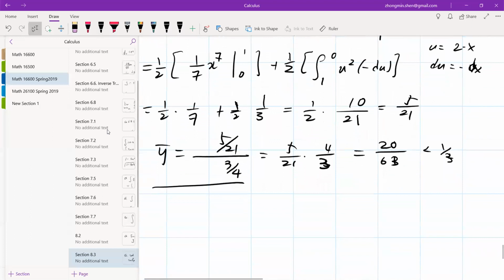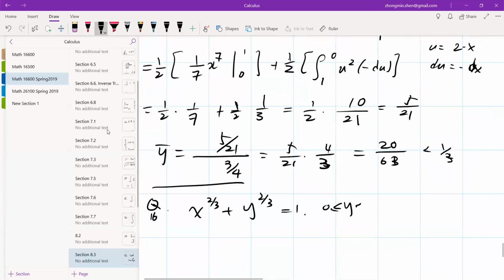Given the curve rotated about the y-axis, set up the integral for this problem. Yes, this is about rotation about the y-axis. This is number 16.